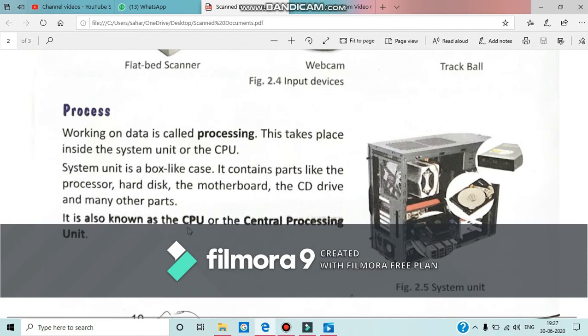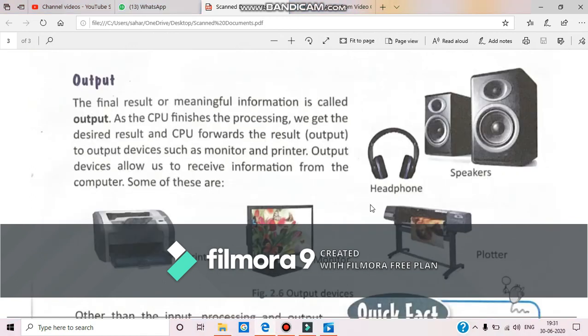It is also known as CPU and the full form of CPU is Central Processing Unit. Now, after processing, the CPU forwards the result to output devices such as monitor, printer, plotter, headphone and speaker.